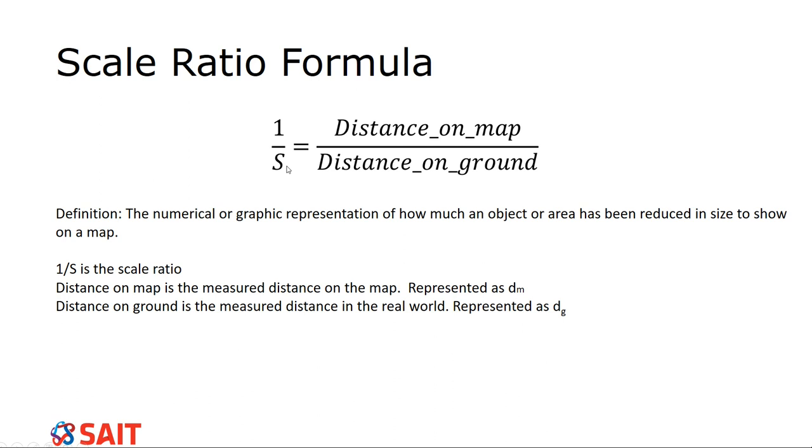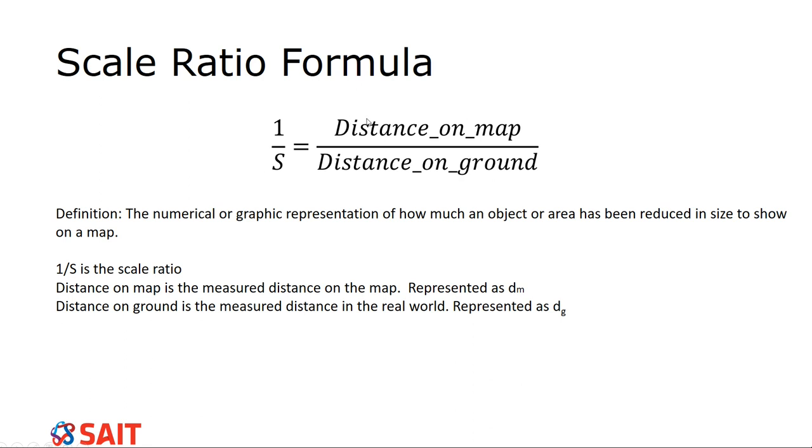But I want you to remember that when I ask for a scale, you give me 1 colon s, whatever the s number is. That 1 colon is really important, unless you've read the instructions of the question and it says do not add the 1 colon. That's because it's a formula I've put into the computer, so it won't accept that. So just make sure you read the question very closely.